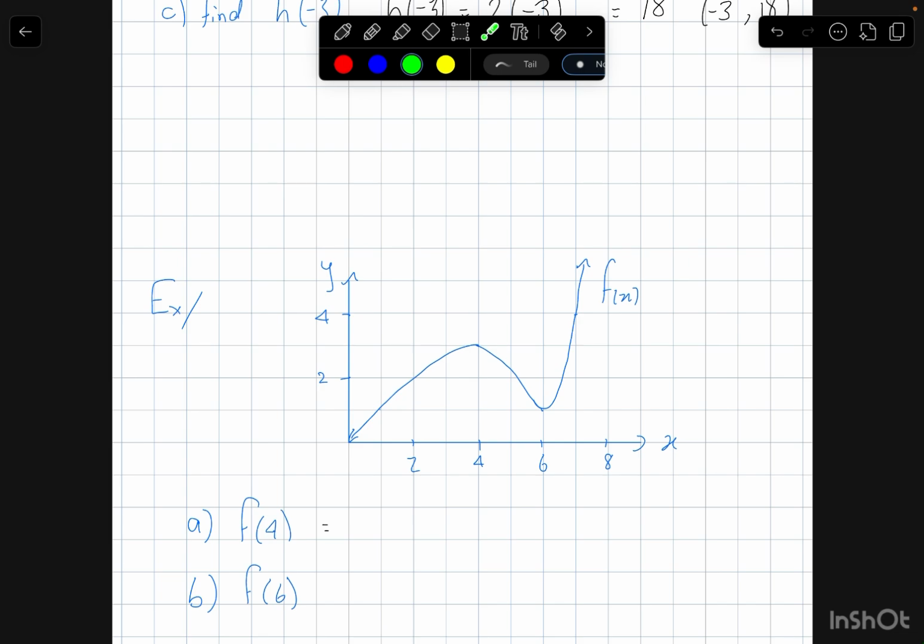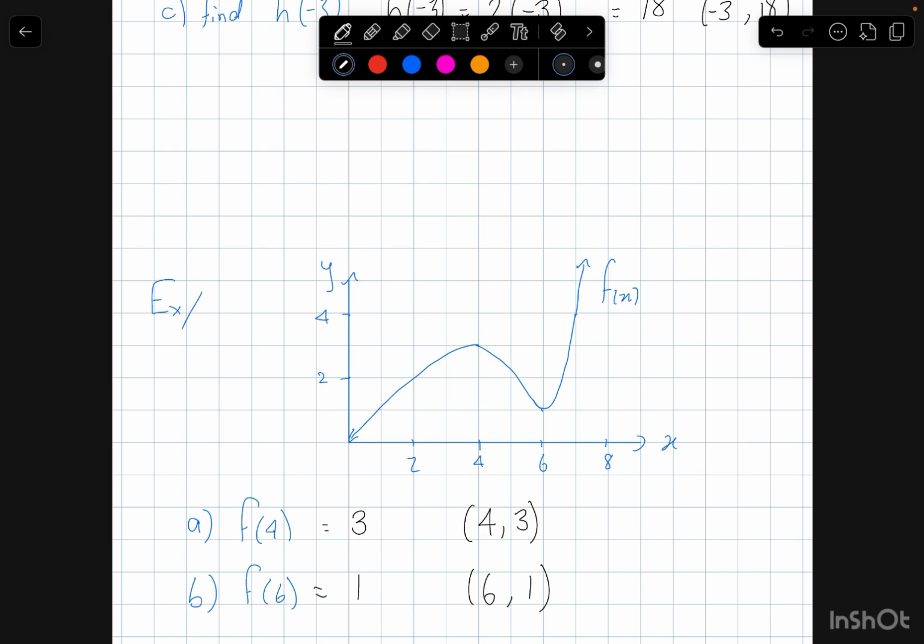So x is 4, go up to my function, and that y value is 3. So f of 4 equals 3. For f of 6, I go across to 6 to my function and across, that is 1. So we're looking at the coordinate 4, 3 and the coordinate 6, 1.